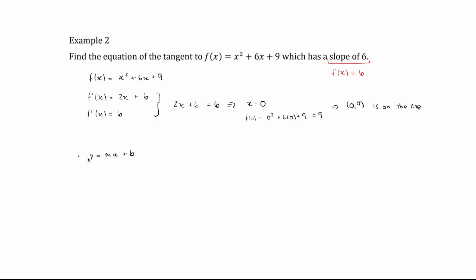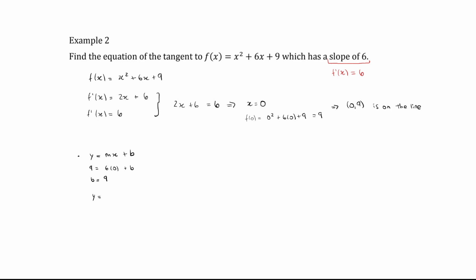I need to have a point with coordinates x and y, and I need the slope, which now I have. So y is equal to mx plus b. y is 9, m is 6, x is 0. So then, of course, b is just equal to 9.